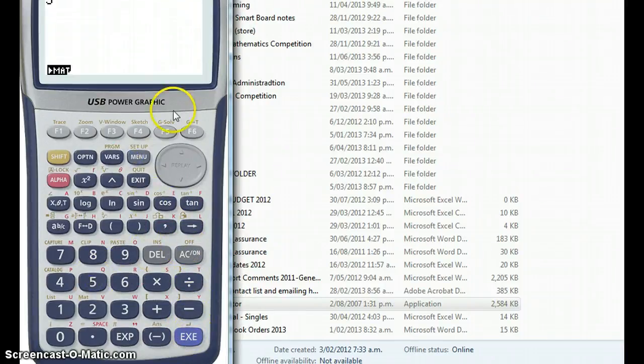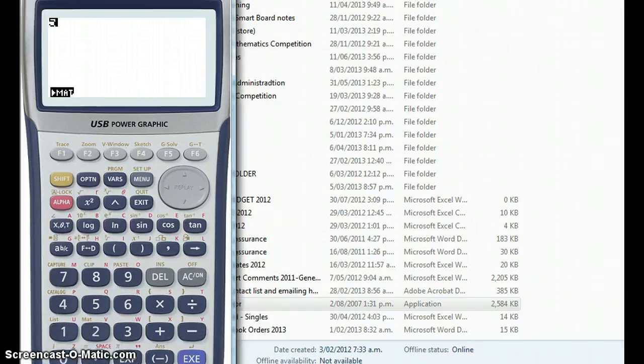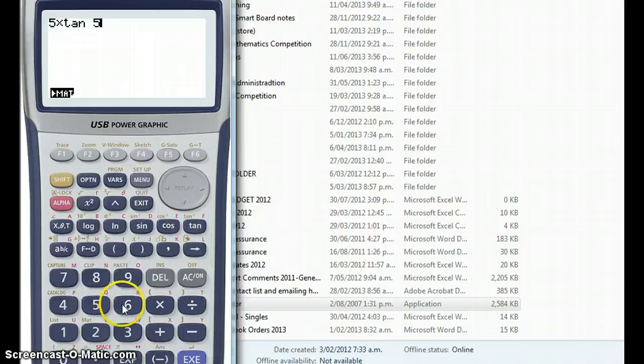Here it is. 5 times tan of 56. Hit execute. Oh, I've got a negative answer. Thank you, Liam. Change it from radians to degrees.